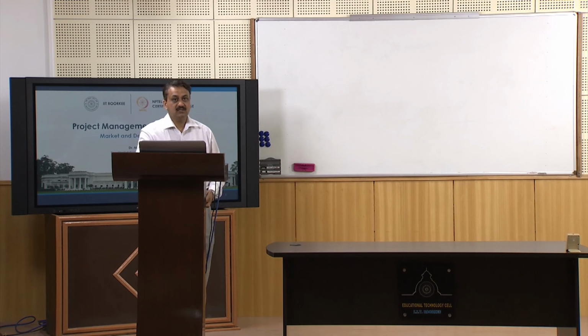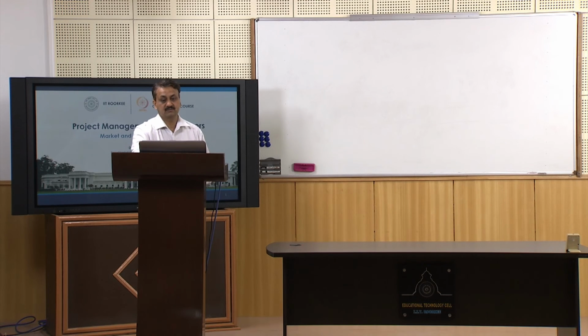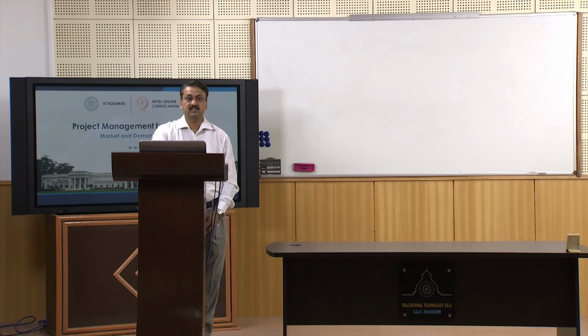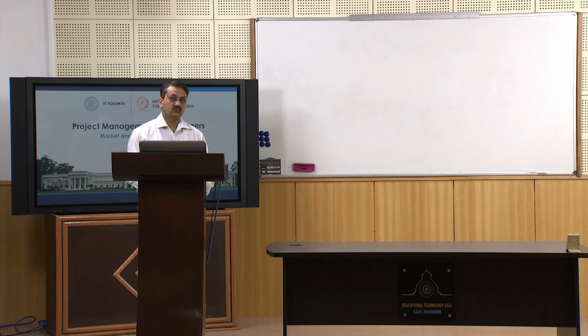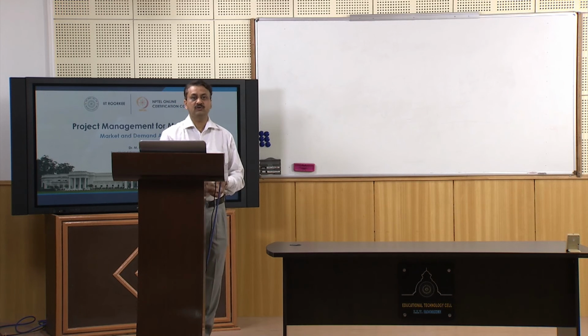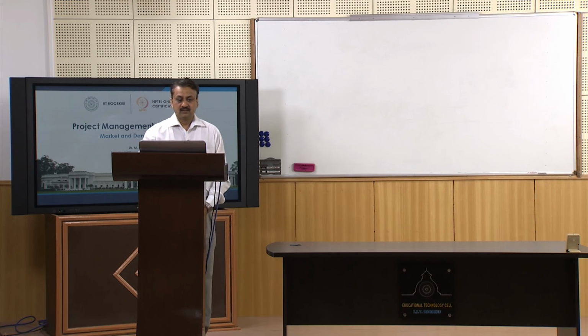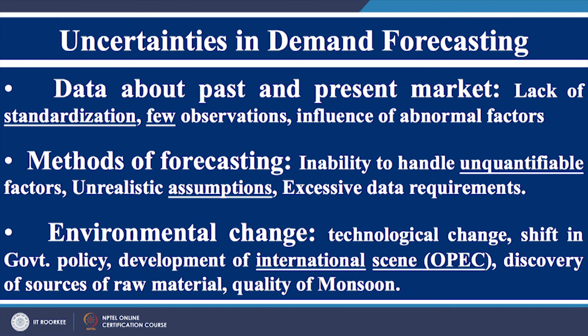Many times we do not use an appropriate method to forecast, right. And the other problem is there are several qualitative factors which we convert into quantitative variables, but sometimes it is difficult. And this is the most important problem in forecasting, unrealistic assumptions.